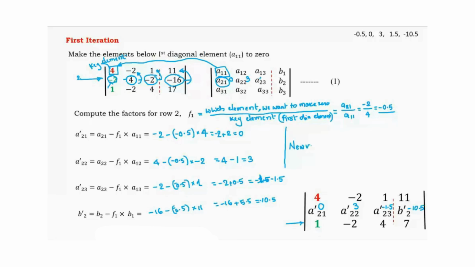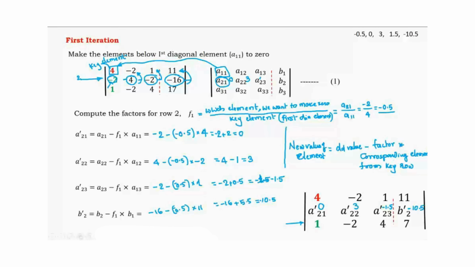New value of any element you take from the matrix is equal to old value minus factor into corresponding element from the key row.